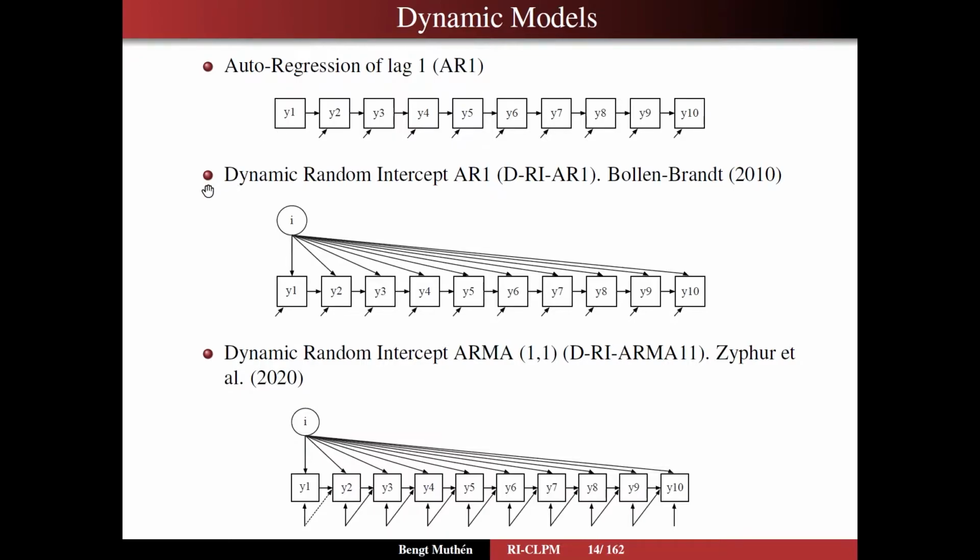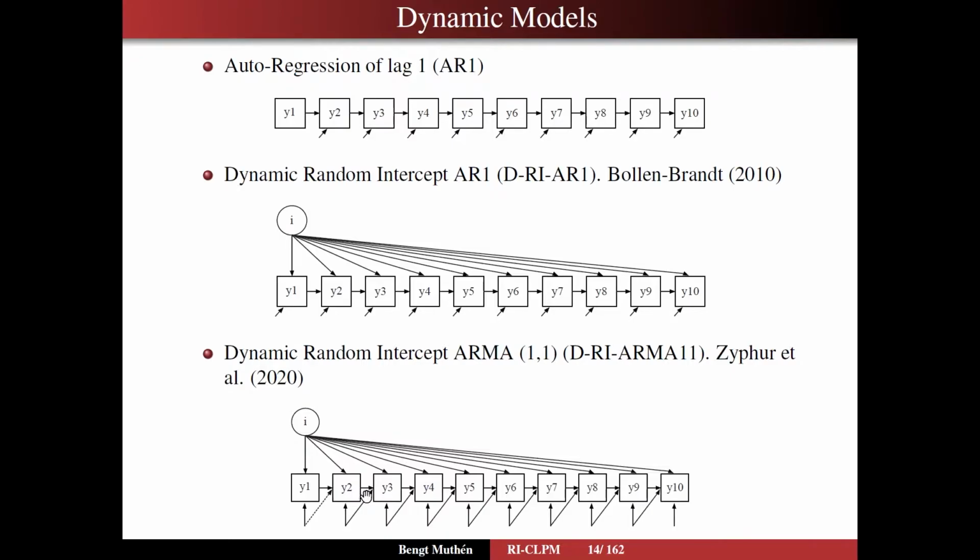You can add a random intercept to this model, and that's denoted by the circle I, random intercept, influencing the outcomes in addition to the autoregressive feature of order 1 that you have here. And you can even have a more advanced dynamic model where you have a so-called ARMA model, AR standing for autoregressive and MA standing for moving average.